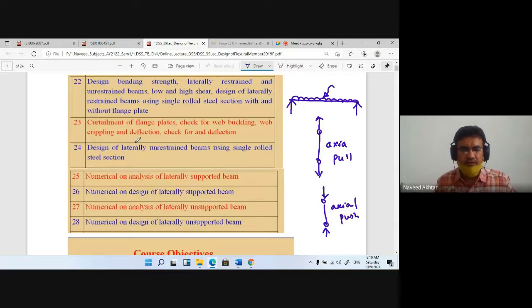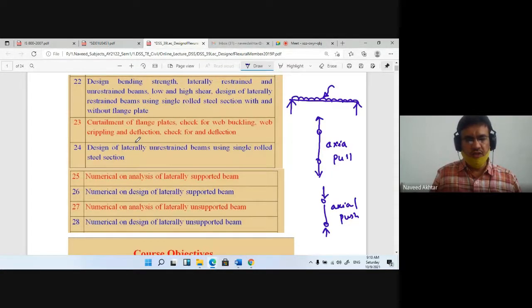Again, the curtailment of flange plate, check for web buckling, web crippling, and deflection. Check for deflection. These are the theories we will see. Design of laterally unrestrained beam using single rolled steel section also we will see. And then numericals on all these beams, laterally supported, laterally unsupported.